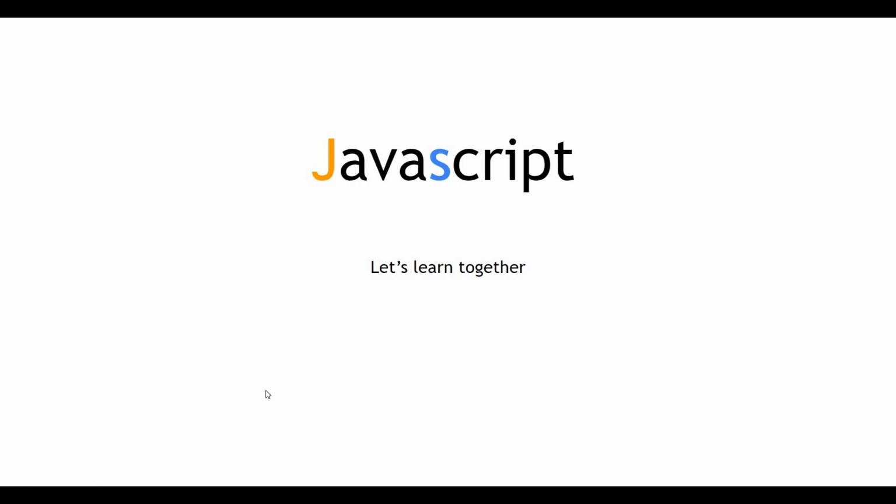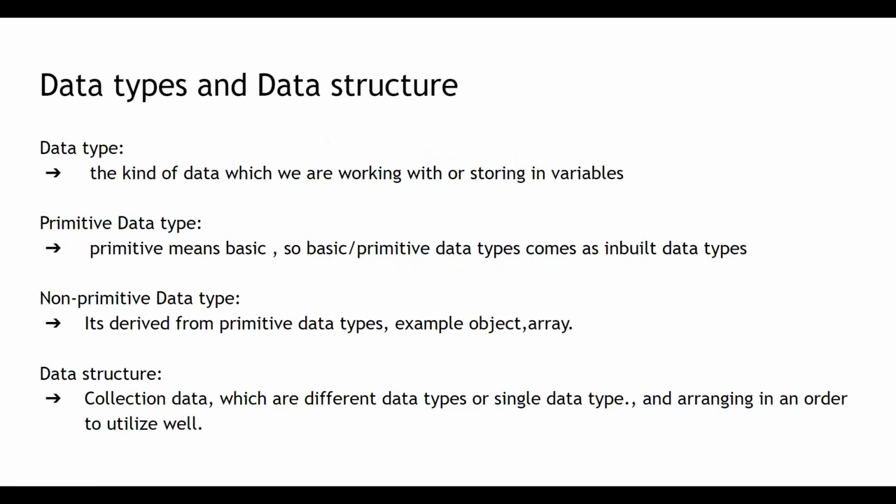So as part of learning JavaScript, today we'll learn about data types and data structure. So what is meant by data type? Here is the definition. The kind of data which we are working with or storing in variables is called data type. In the previous videos we have learned about variables. In each variable we are storing some data, either a string or a number, right?